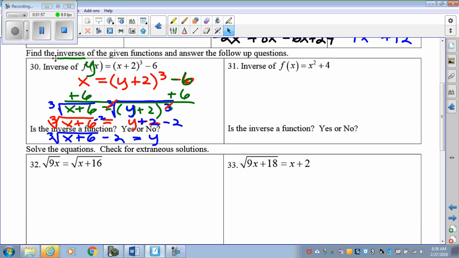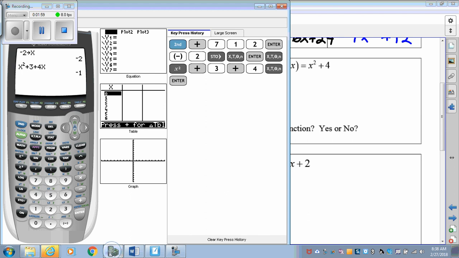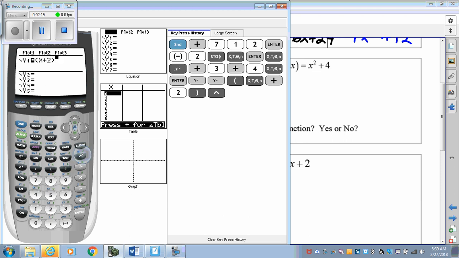And we can do that on the calculator. If I go to y equals, I can put in the original function. All right, so the original function is y equals, and I've got the quantity of x plus 2 to the third power, and the arrow over, minus 6.